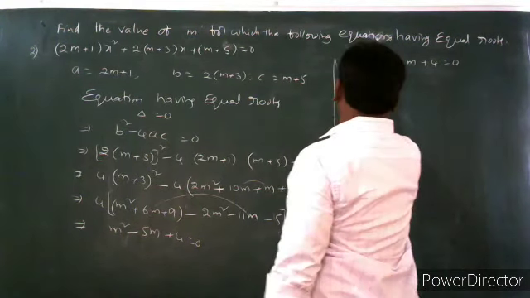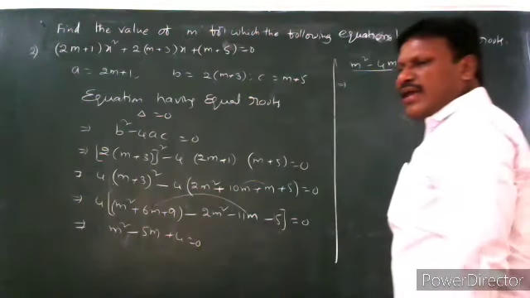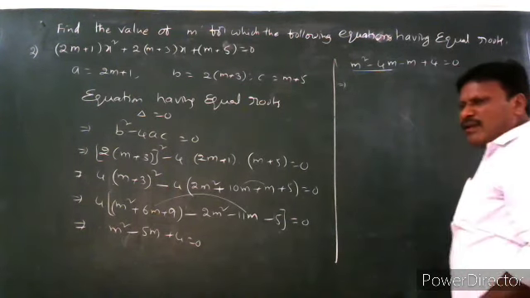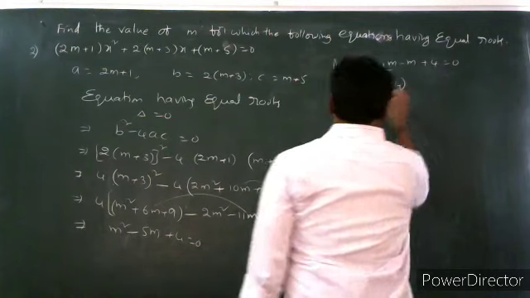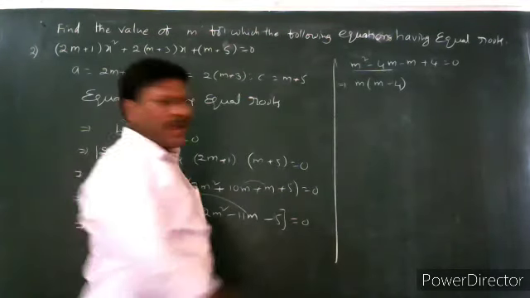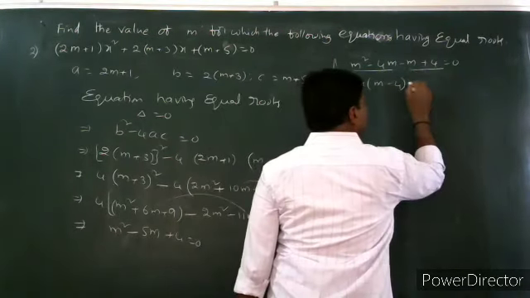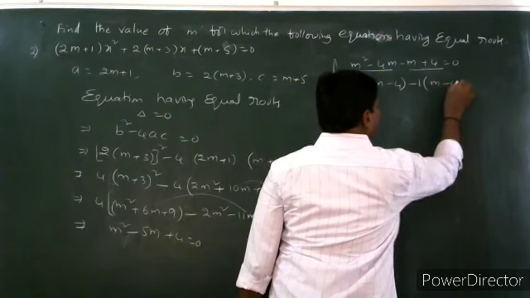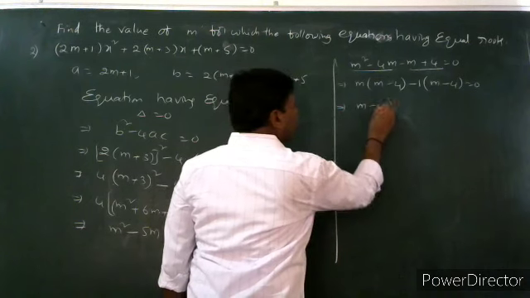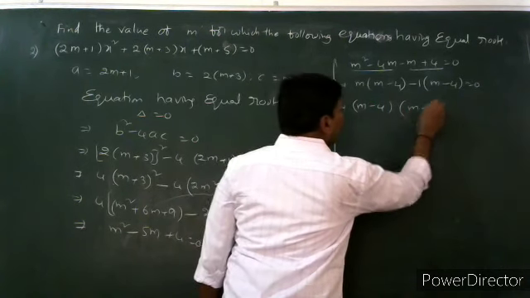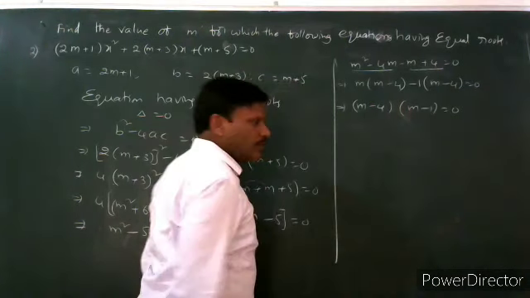In these two terms, m is common, so we get m into m minus 4. And also in these two terms, minus 1 is common, m minus 4 is equal to 0. Once again, m minus 4 common, we get m minus 1 is equal to 0.